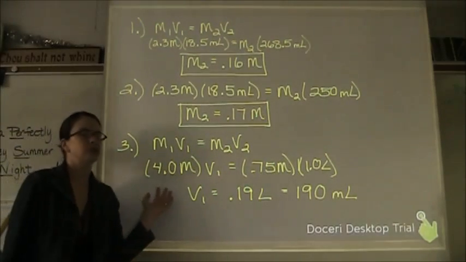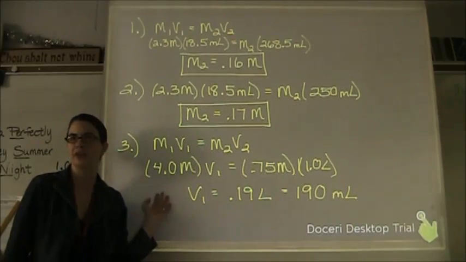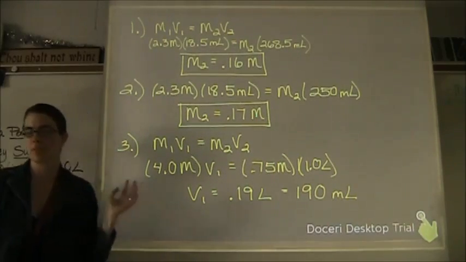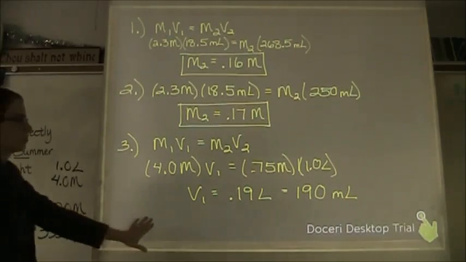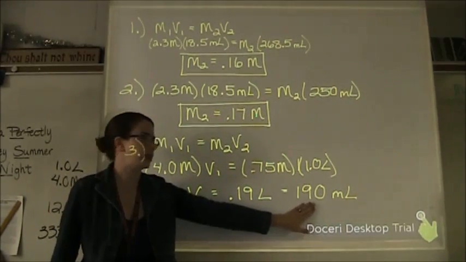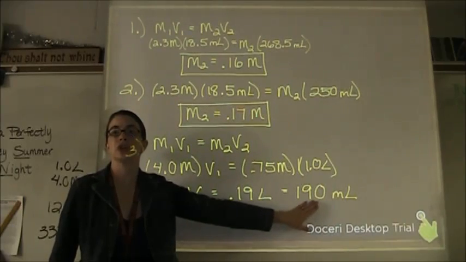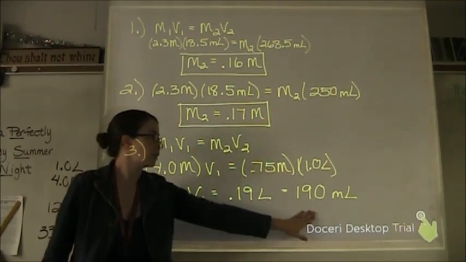Okay, and let's just talk out the steps for number 3. The math is not difficult in number 3, but you guys tell me. This is the volume of stock solution I need to use, and what piece of equipment should I use to get it? A pipette, okay?